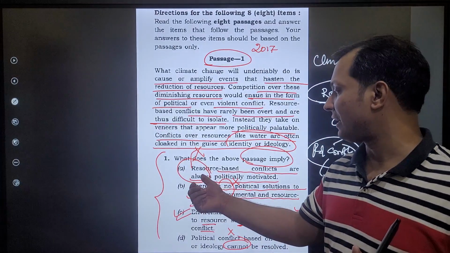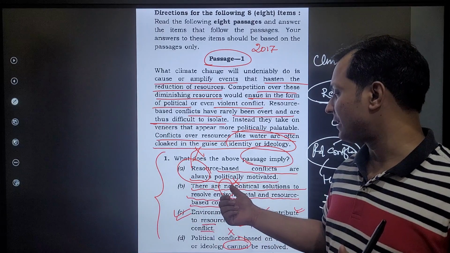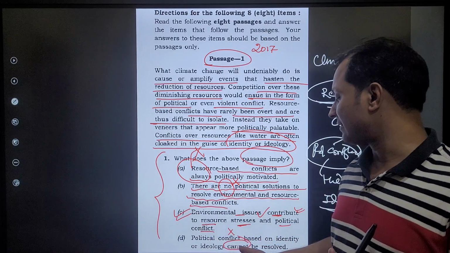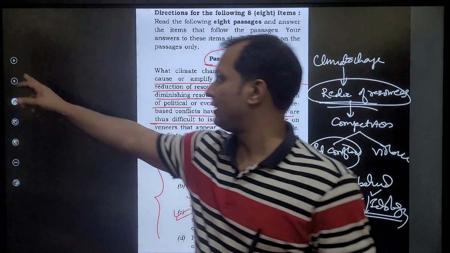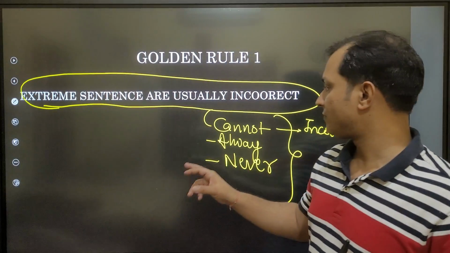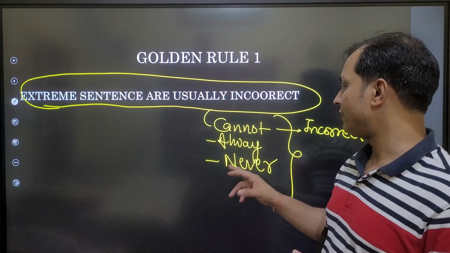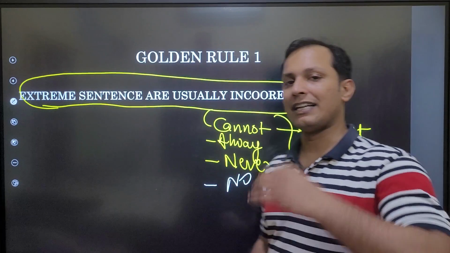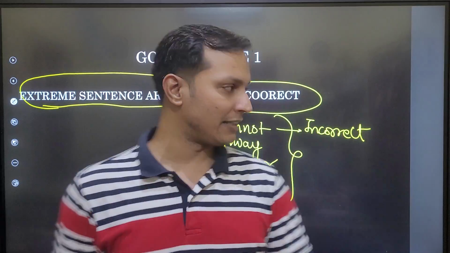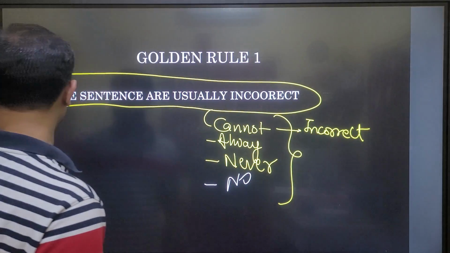You see, first statement has always, second statement has no, and third statement has cannot. So always, no, cannot. You can see here the rule: always, cannot, never, no. Generally these are extreme statements. You can eliminate that.